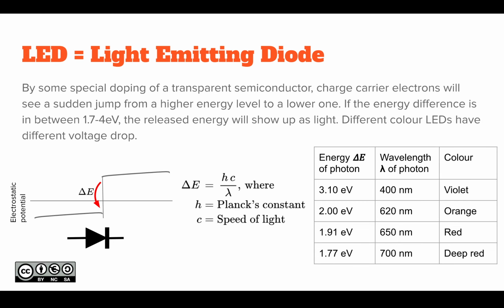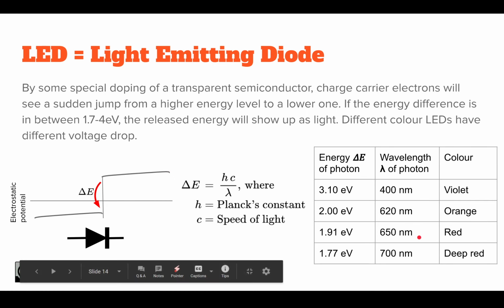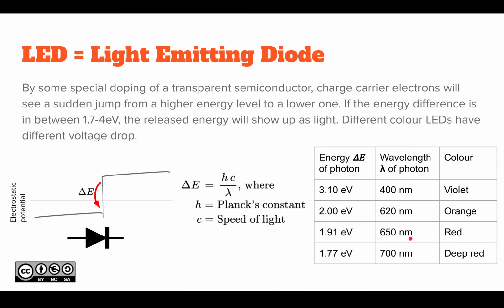So the energy is released as radiation. And with high enough energy level, for example, here at 1.91 electron volts, this energy level translates directly into 650 nanometer wavelength red color radiation.